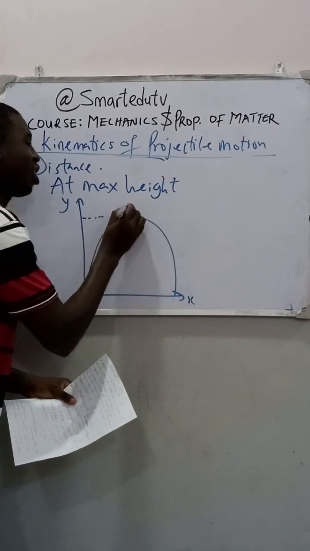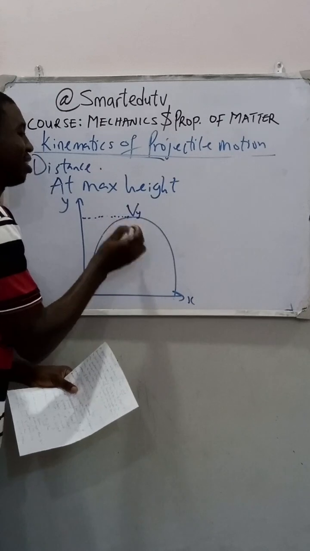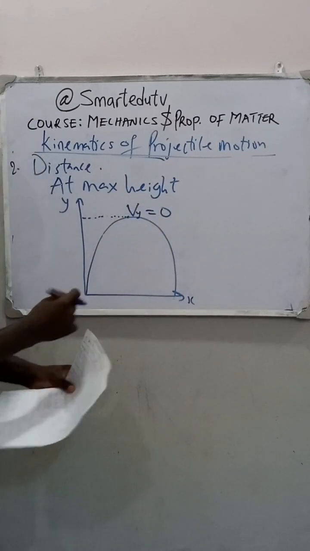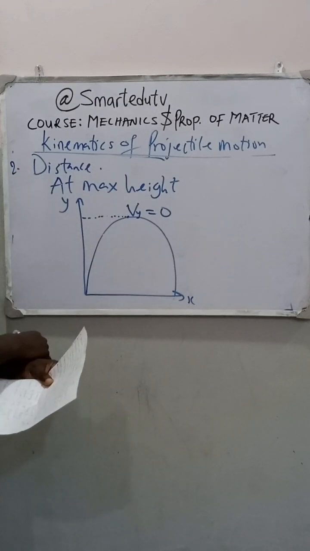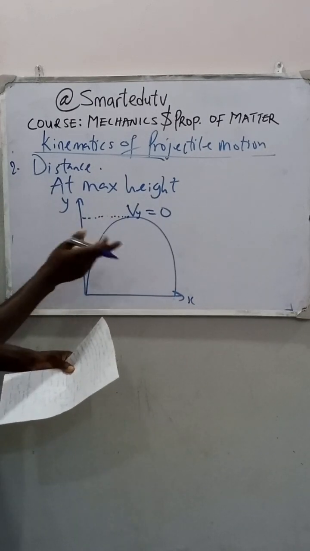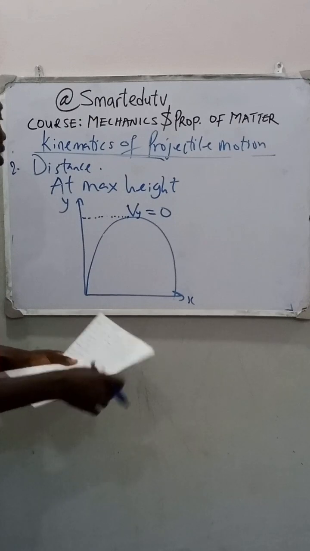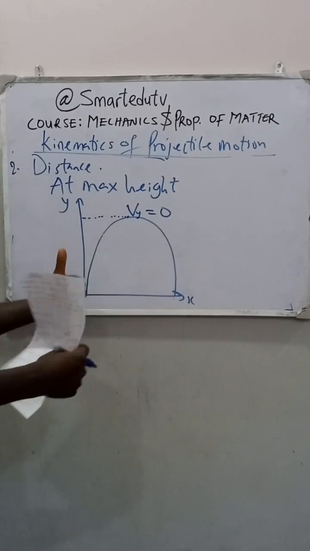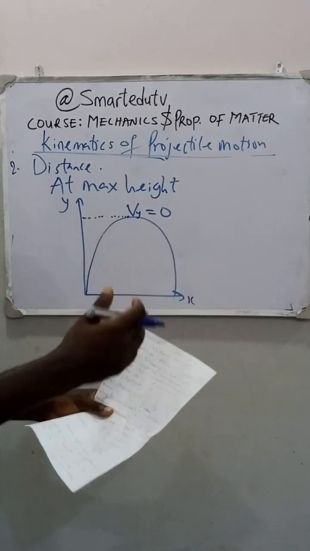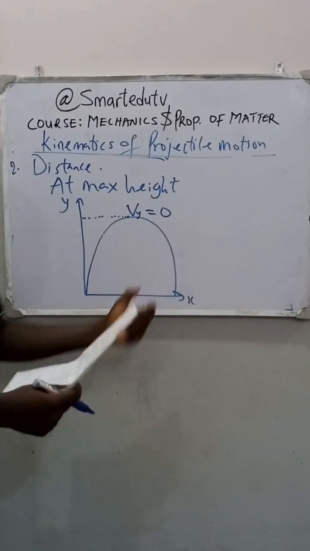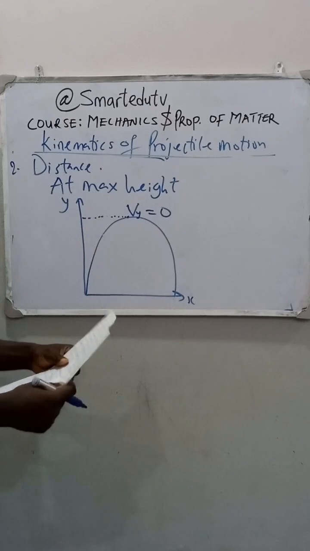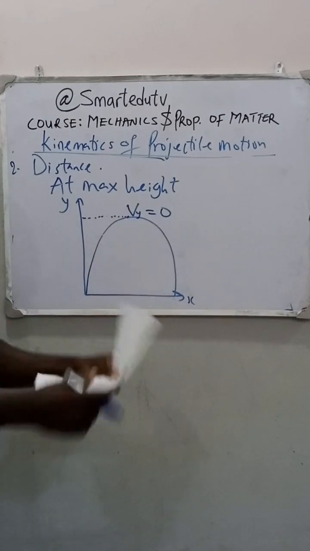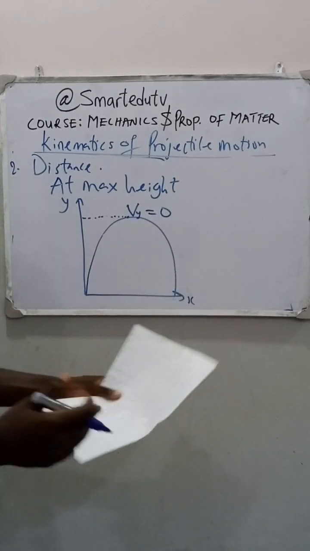It means my velocity at this point along the y-axis is equal to 0. There is no more velocity along the y-axis. So I am now going to check inside my equations of motion for the equation that relates the velocity to the maximum height.